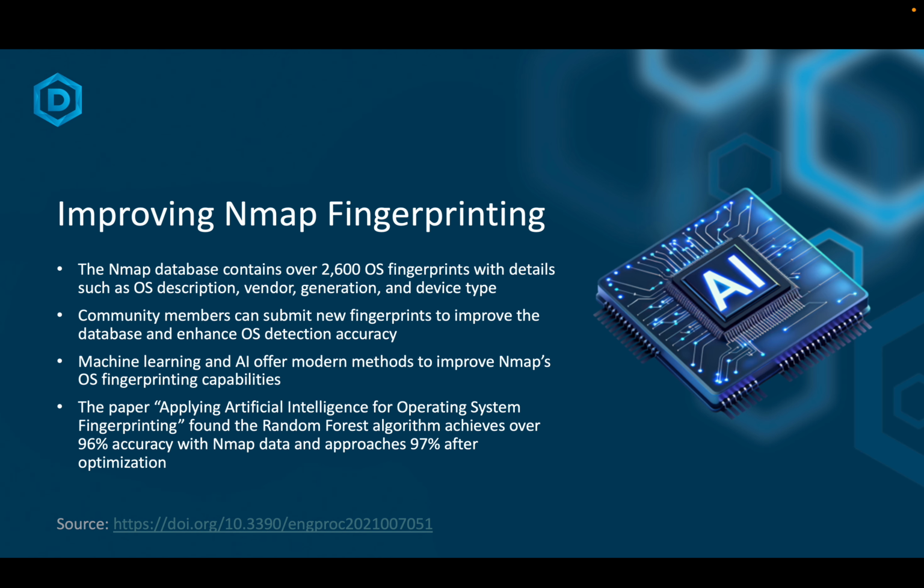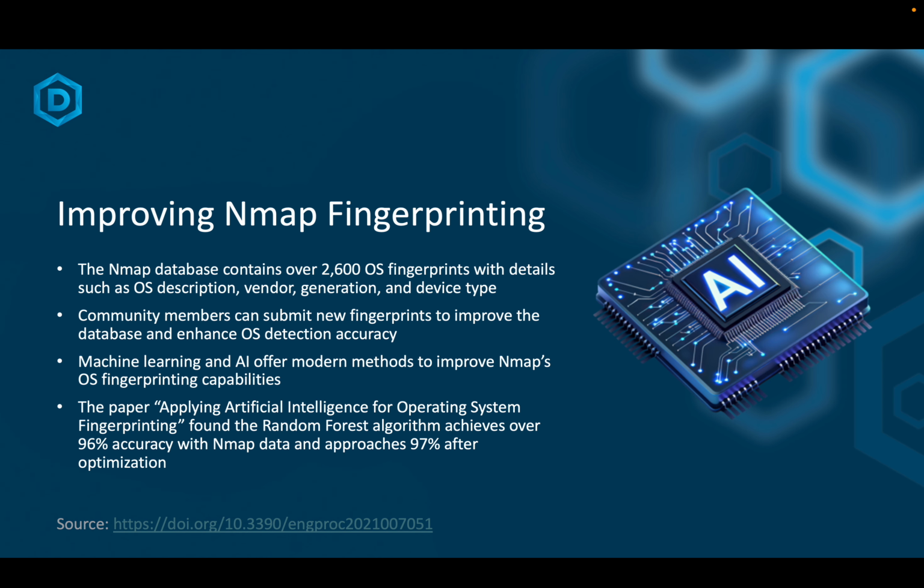Community members can submit new fingerprints to improve the database and enhance operating system detection accuracy. And a more modern method is using machine learning algorithms and artificial intelligence. Machine learning and AI offer modern methods to improve Nmap's operating system fingerprinting capabilities.